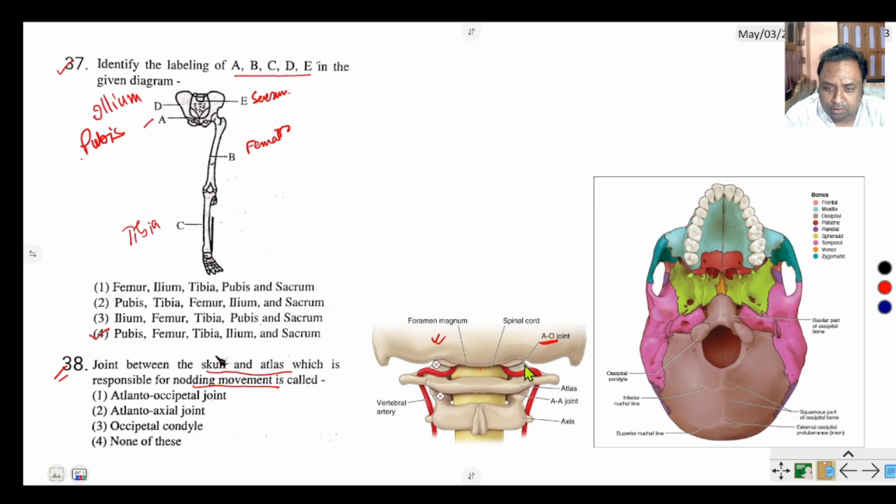This joint is called the atlanto-occipital joint. This is the axis, and this is called the atlanto-axial joint. And this is the occipital condyle. Humans have 2 occipital condyles, but birds have only 1 occipital condyle. So birds can move their head 360 degrees, but humans have 2 occipital condyles, so they can move their head only 180 degrees. This is called the foramen magnum.